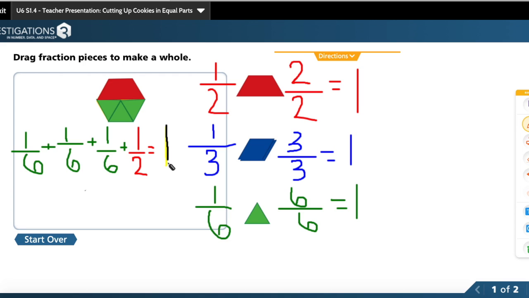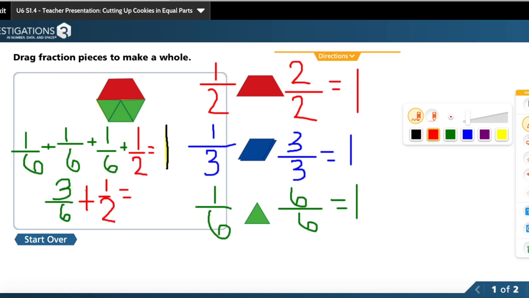How can I simplify this a little bit and make it easier for myself to see? There's a different way that I can also add it using my 1/6 and my 1/2. I can also write 1, 2, 3, 6 plus 1/2 equals what?